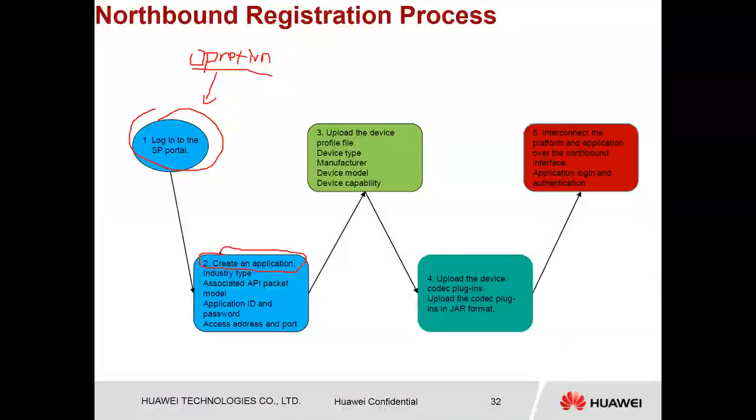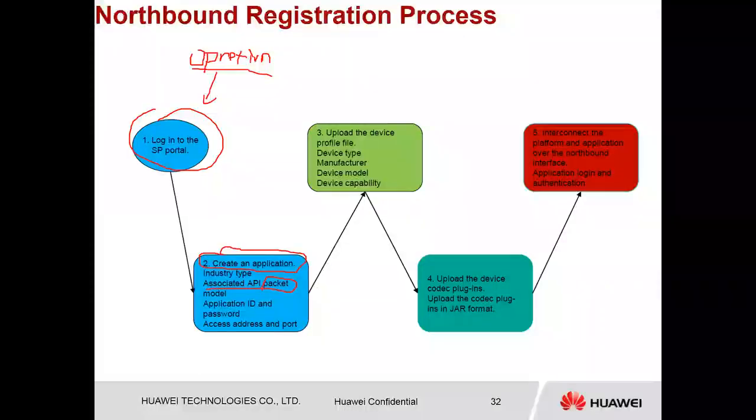This application is not the real application server. It's just like authentication information. It includes the associated API package. It means that different services need different API packages. For example, for IoV, it must include the IoV package.